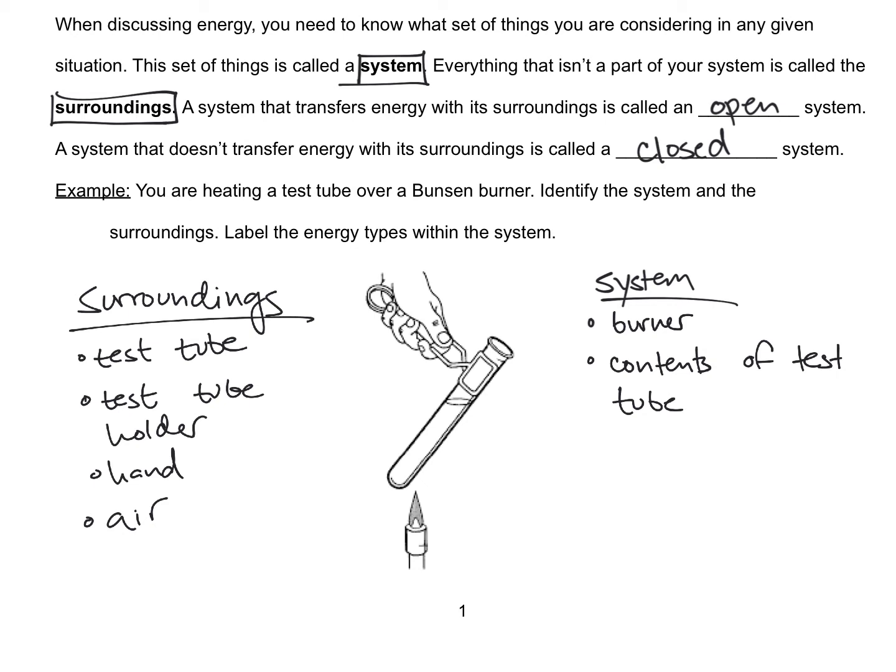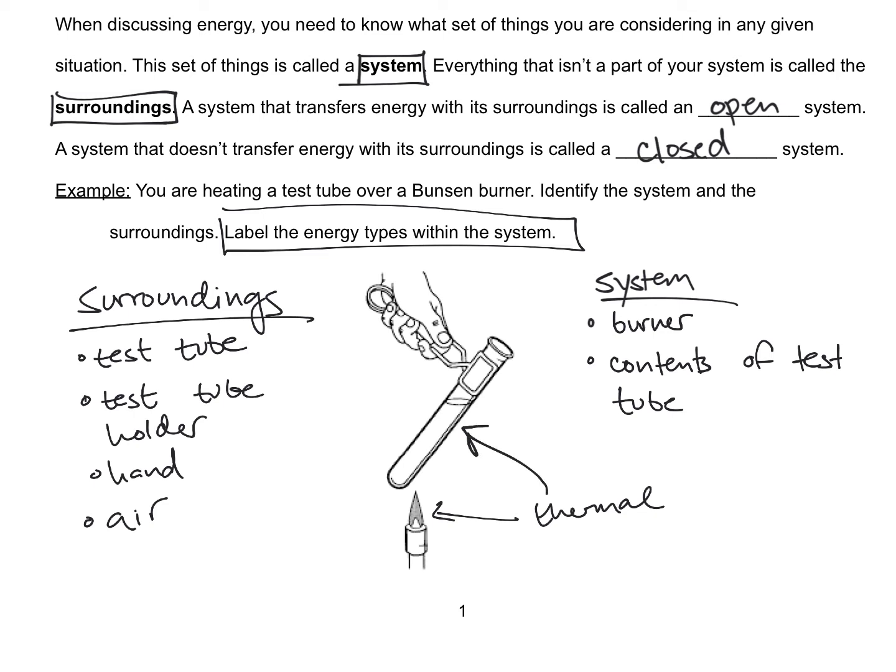And we're also tasked here with labeling the energy types within the system. So some energy types here include thermal energy. It's going from the flame and we're heating up the contents of the test tube. So there's thermal in both places. You've also got radiant because flames give off light.